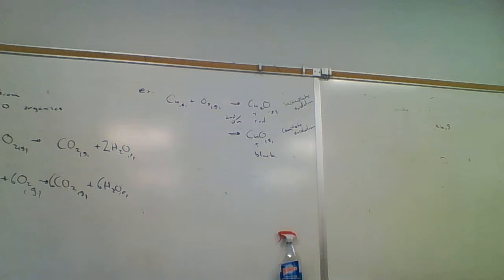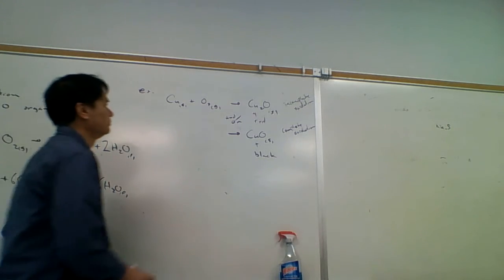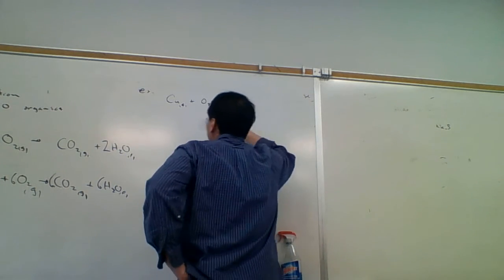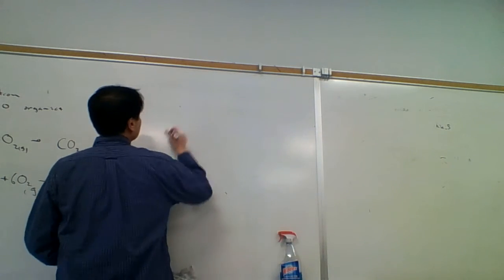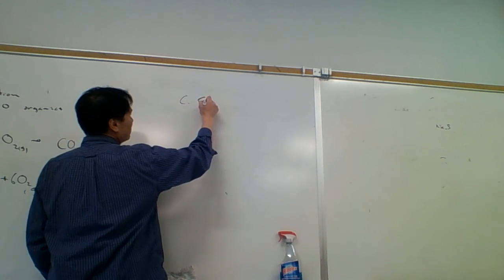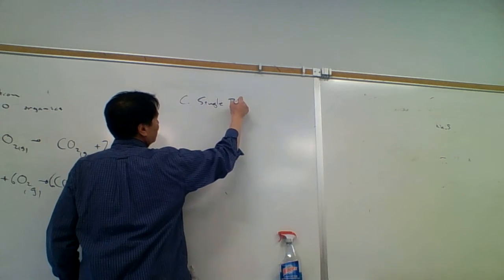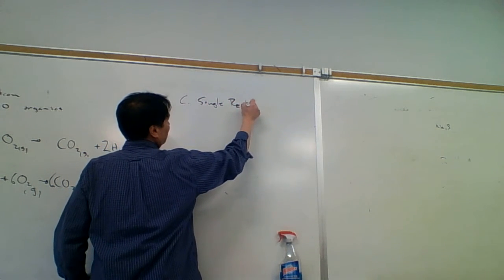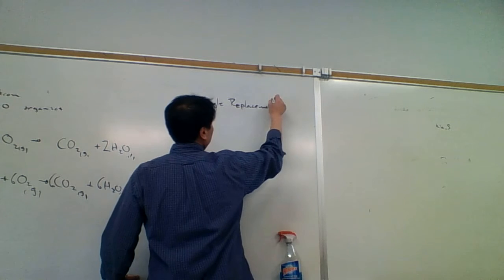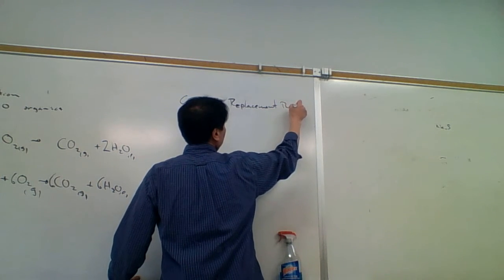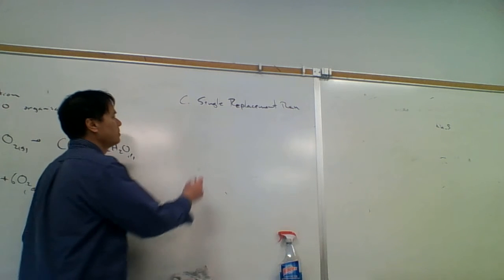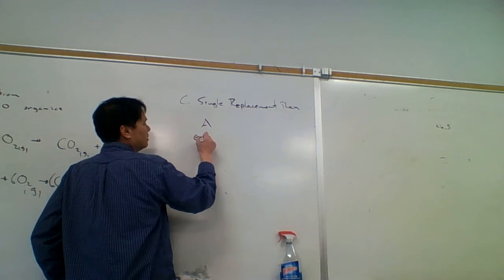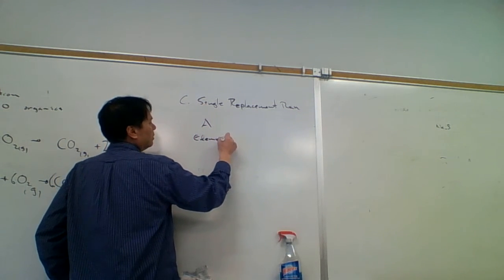That's complete combustion. Okay, the next type of redox reaction that we're going to look at is something called the single replacement reaction. Single replacement reaction has this: it's an element plus a compound.